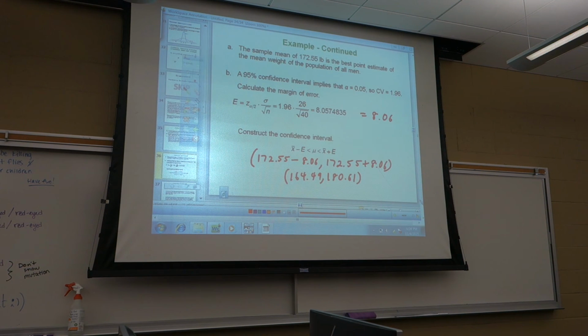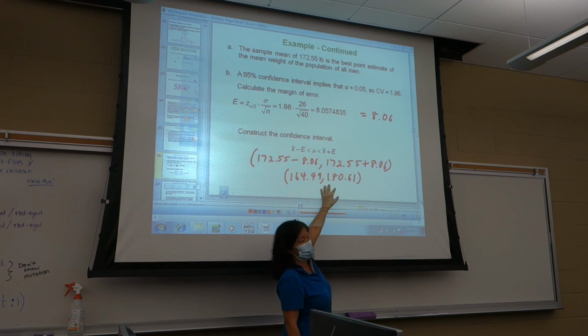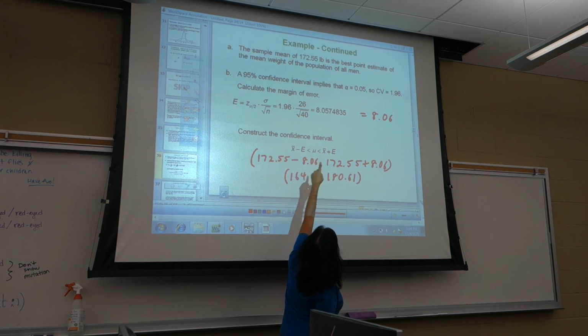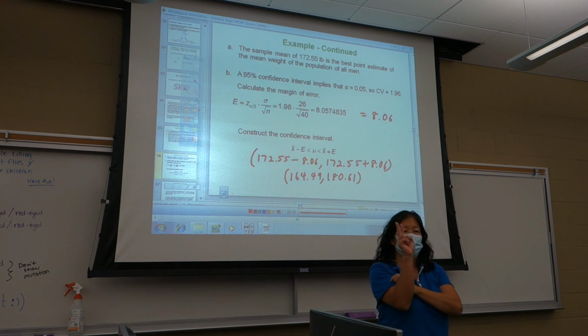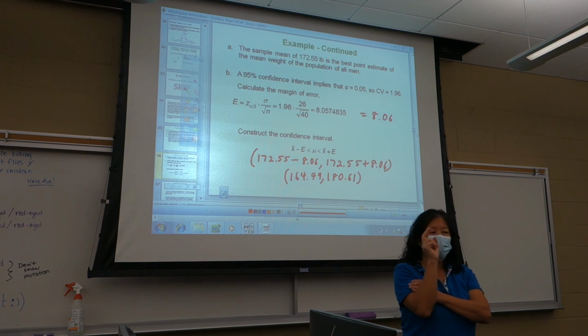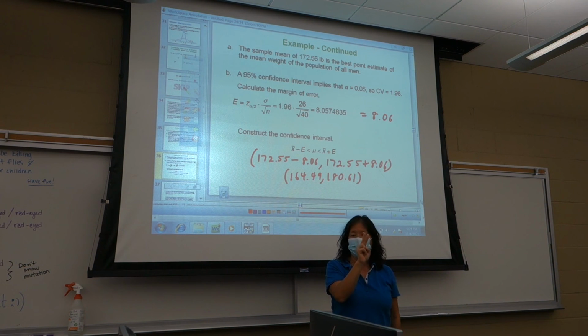Your confidence interval should have the same number of decimal places as your data. So my pounds had 2 decimal places. Everyone with me? So my mean had 2 decimal places, 172.55.